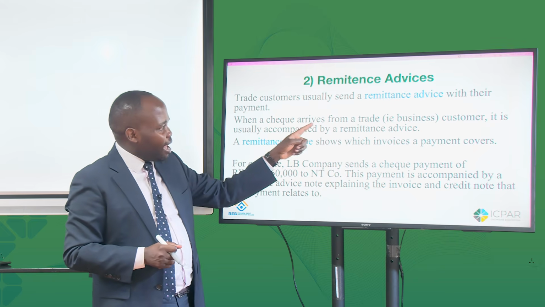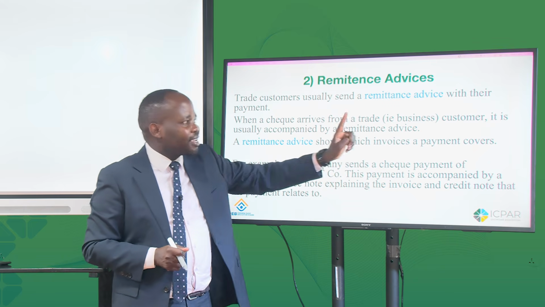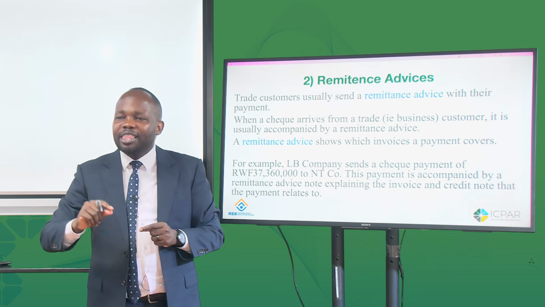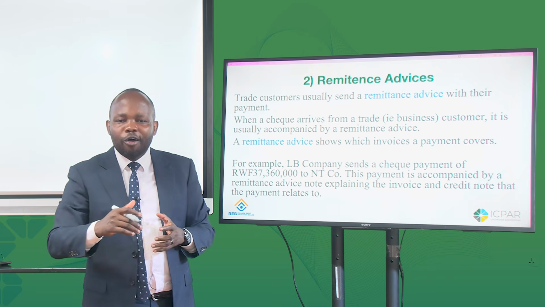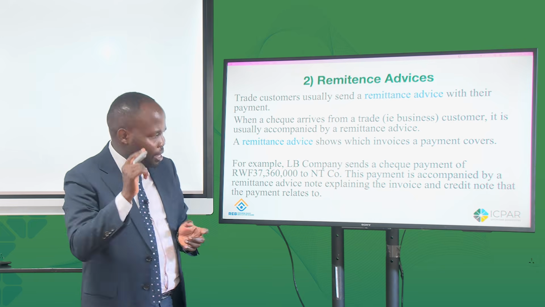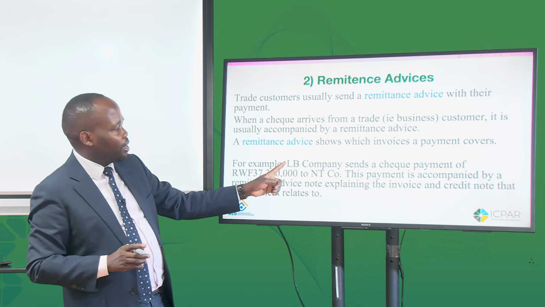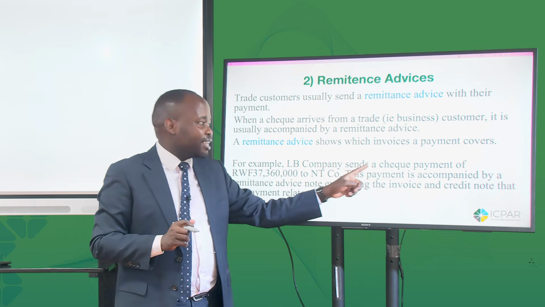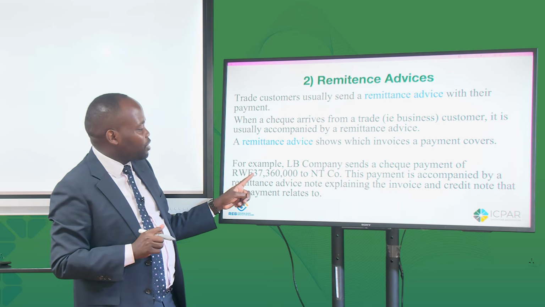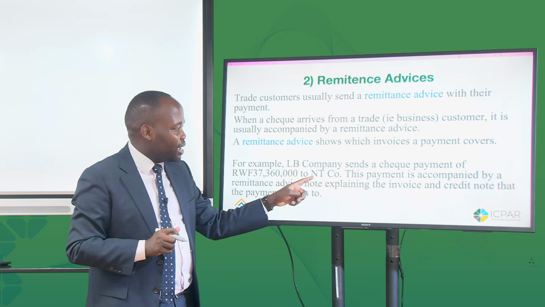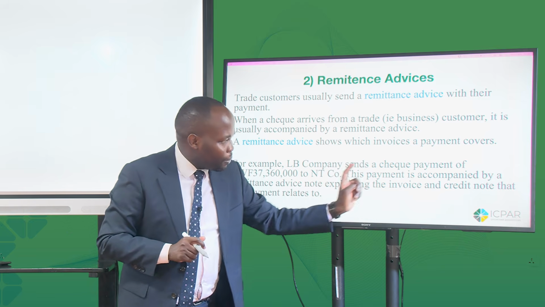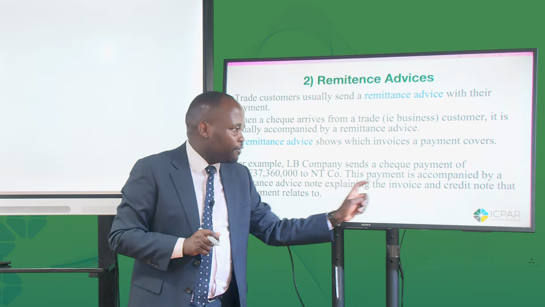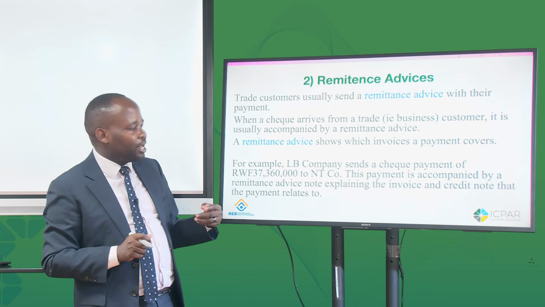When a check arrives from a trade or a business customer, it is usually accompanied by a document that explains the breakdown of how the payments should be made. For example, if a company called LB sends a check of payment of 37,360,000 to NT company, this payment is accompanied by a remittance advice note explaining the invoice and the credit note that the payment relates to.